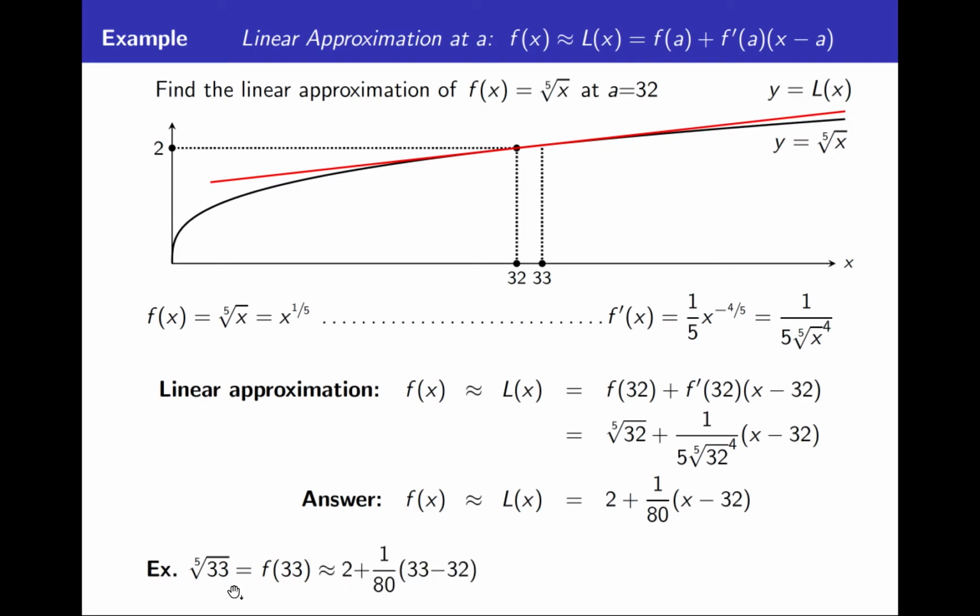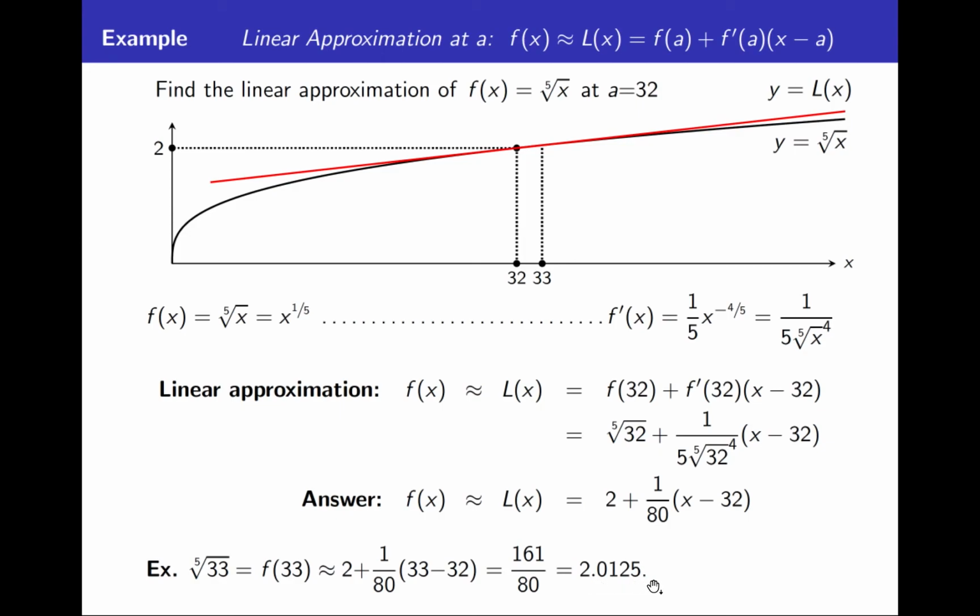So the fifth root of 33 is approximated by 33 plugged in to L of x. So 2 plus 1/80 times 33 minus 32, and that's just 161/80, which works out to be 2.0125.